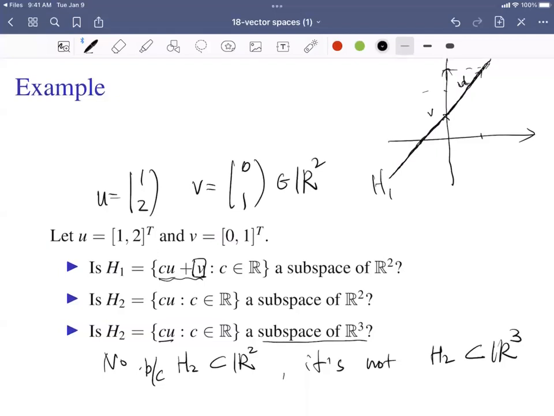But unfortunately, to be a subspace, you have to go through 0, and H1 is not a subspace because it doesn't go through 0. What about H2?